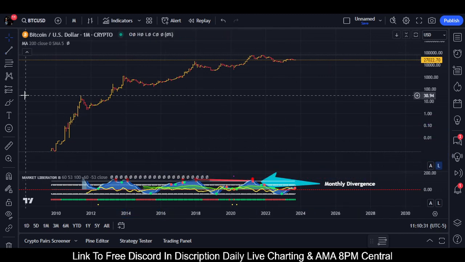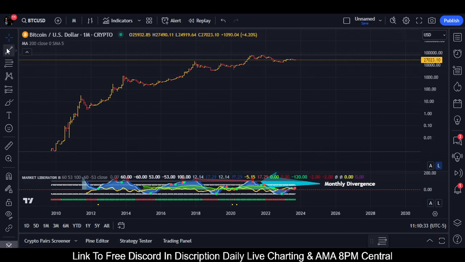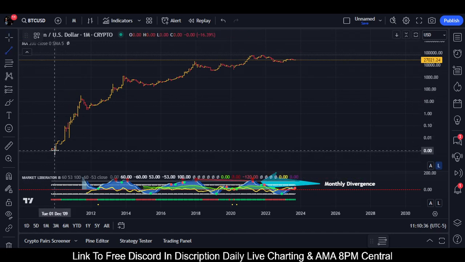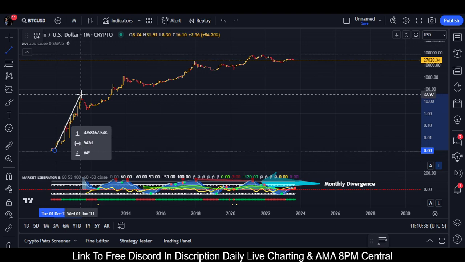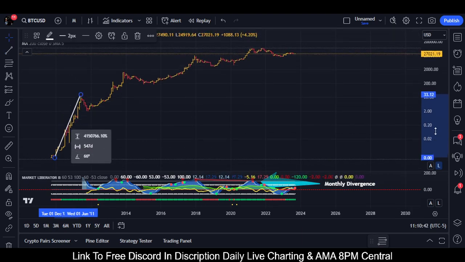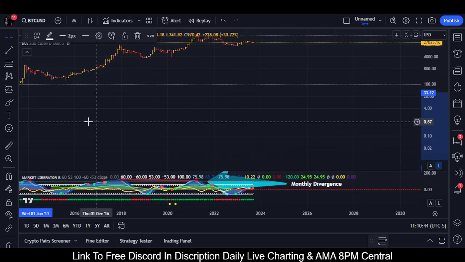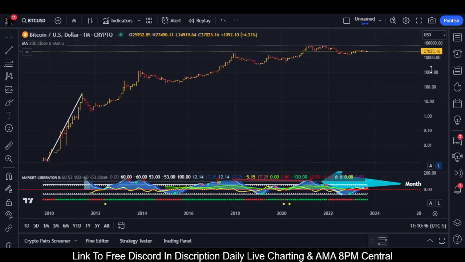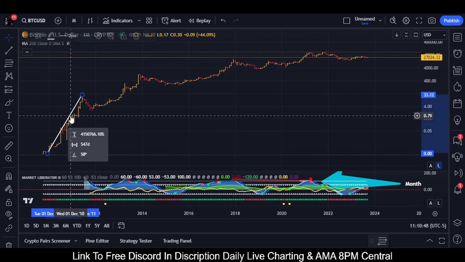So let's go from the first bull run in Bitcoin to the top. Now I want to adjust the chart, the aspect ratio, to get this to be 75 degrees, but still get everything to fit in here.